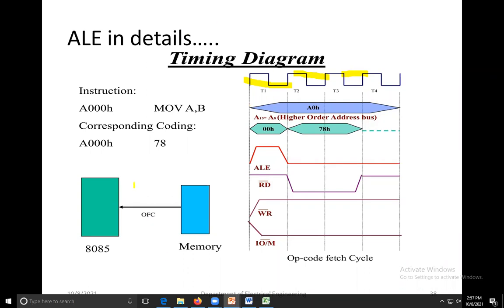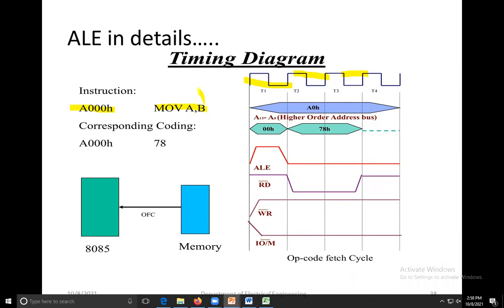So what is the instruction? This is the instruction location, which is a 16-bit location, and this is MOV A, B. What is the meaning of MOV A, B?